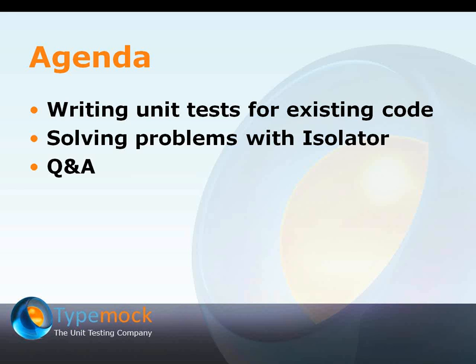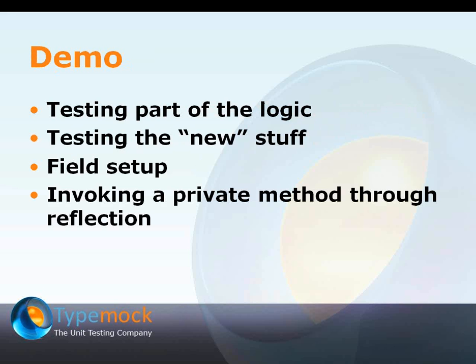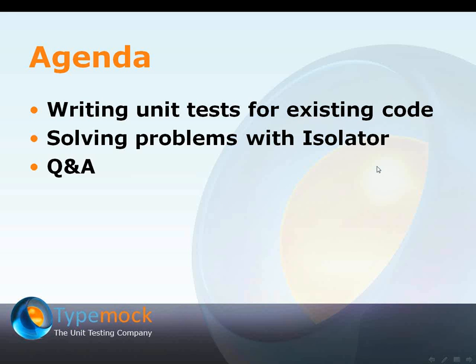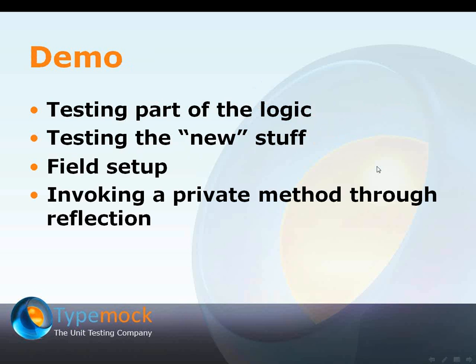For the demo code, we are going to be working on an application. And we're going to be looking at how can we test a part of some logic, how can we test the new stuff, new meaning instantiations of new objects, which can be basically anything, any dependency at all inside our code which we are testing.